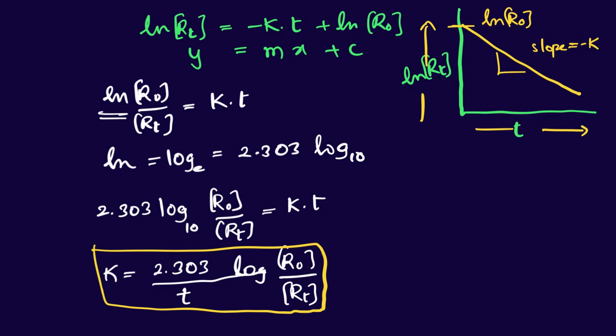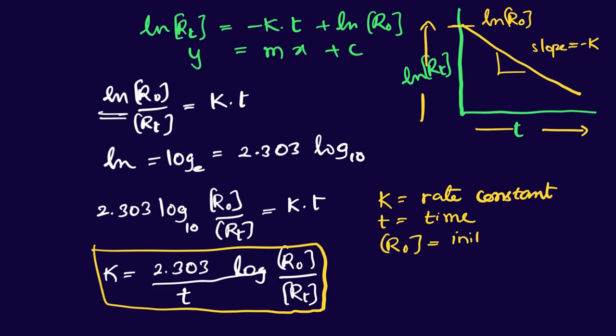So now in this, k is the rate constant, and t is the time. R naught is the initial concentration of reactant.